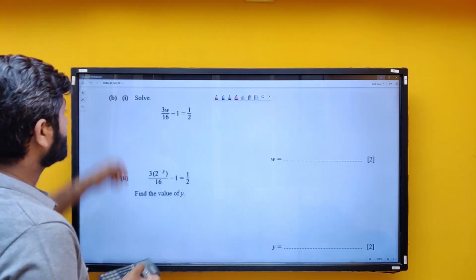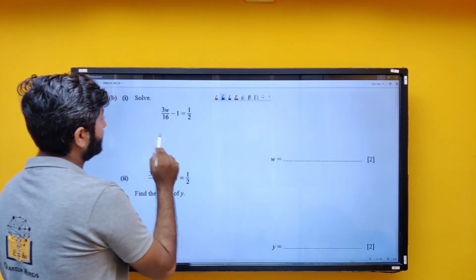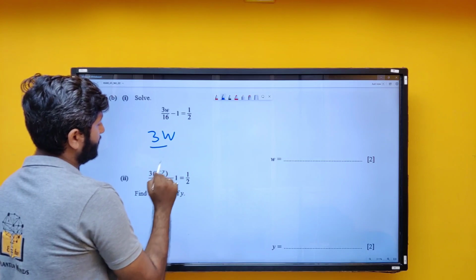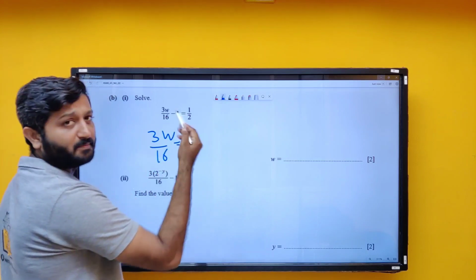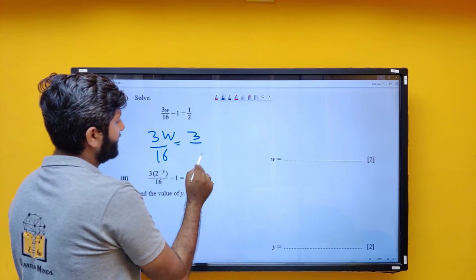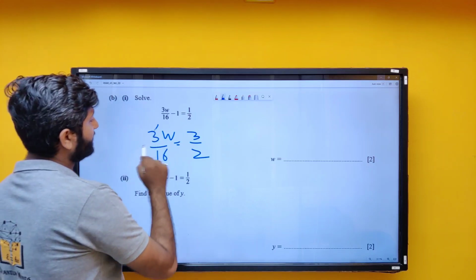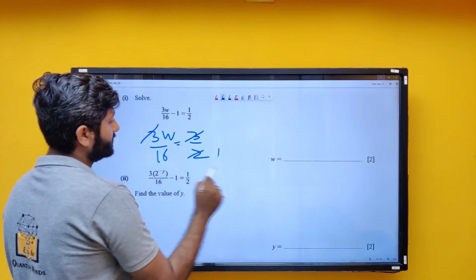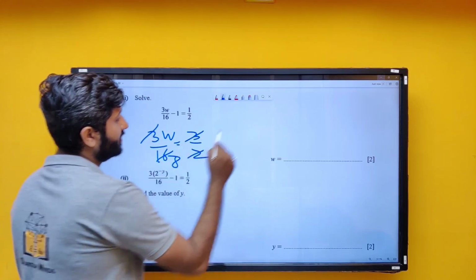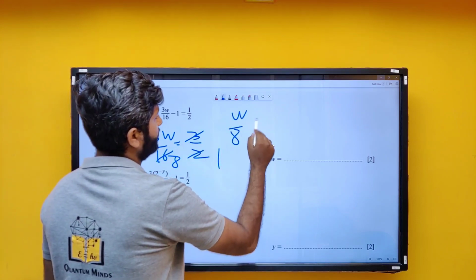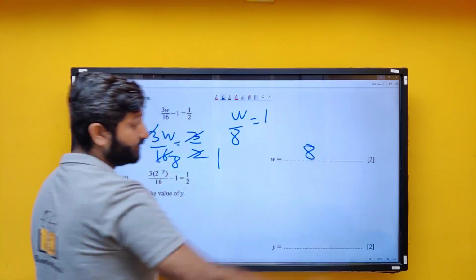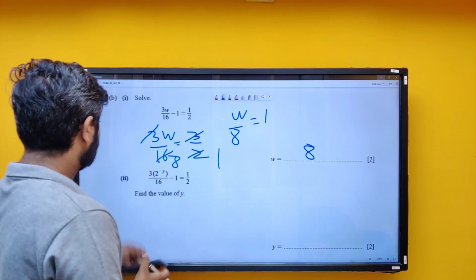Next, solve. Okay, let us solve. So I have 3W upon 16 equals 1 plus 1 by 2. That is 3 by 2. So I think the 3s will get cancelled. 2 ones are, 2 8s are 16. So W by 8 equals 1. So from here I can say W equals 8.